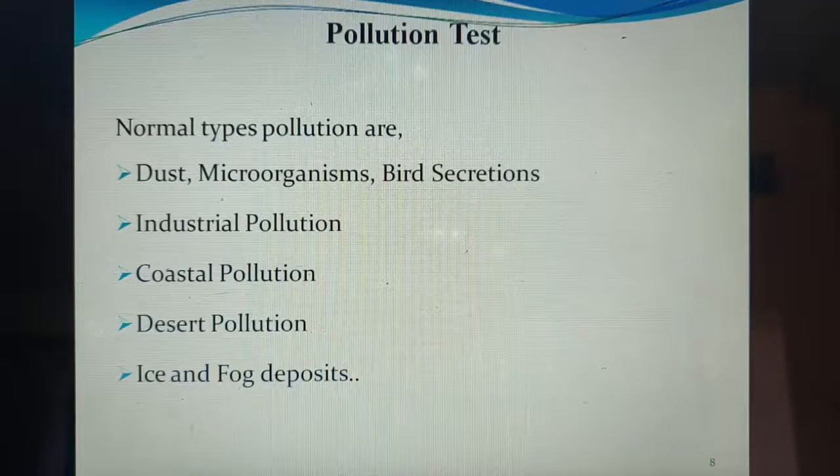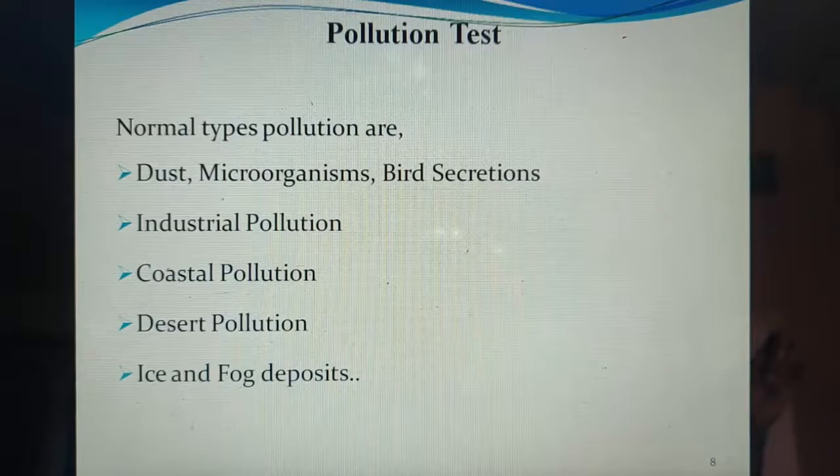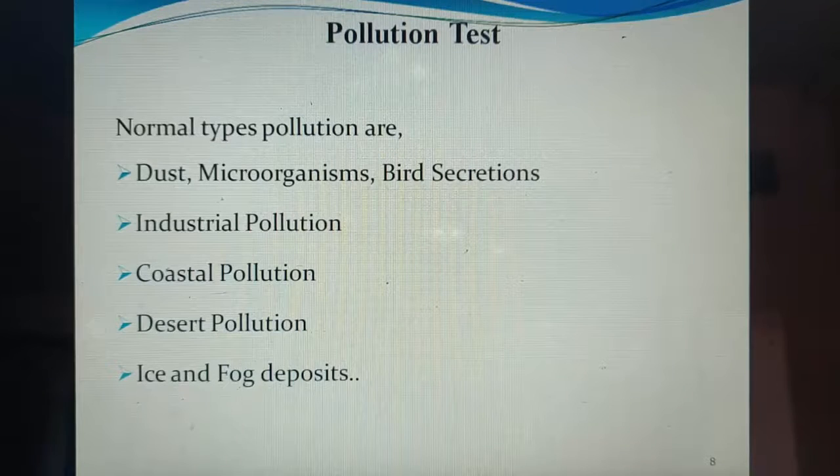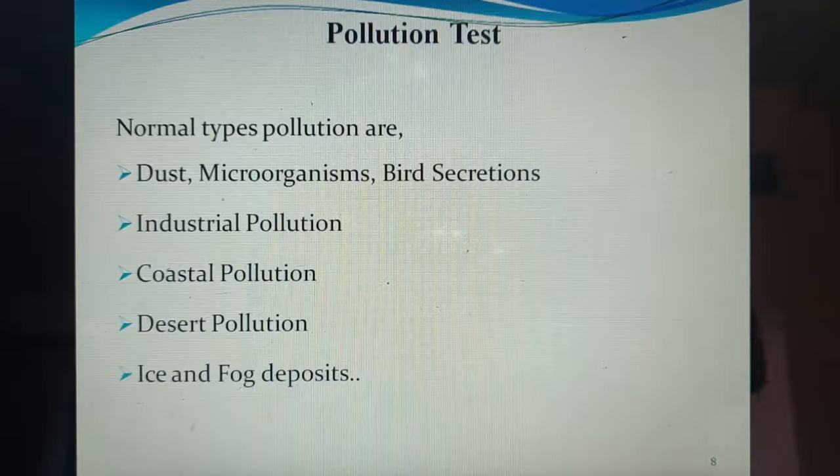Otherwise, the fog of higher salinity is used. The maximum salinity at which the insulator withstands 3 or 4 tests without flashover is observed. So this type of test is included in pollution testing. Thank you.